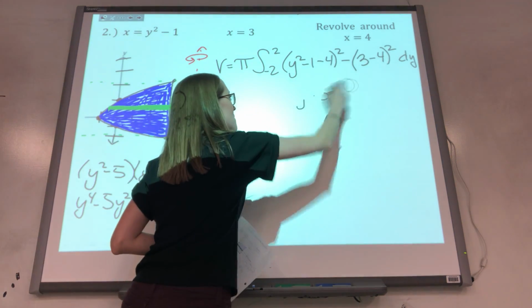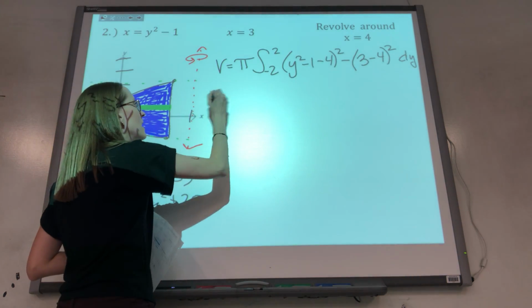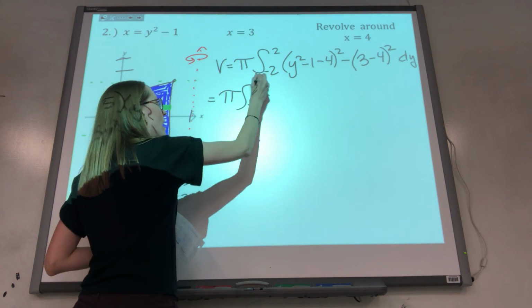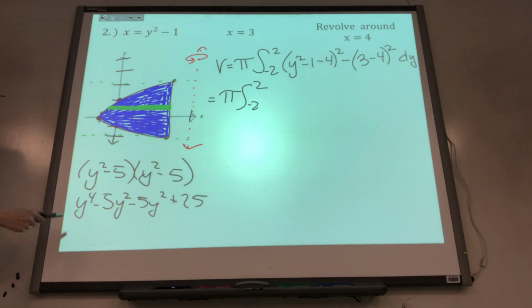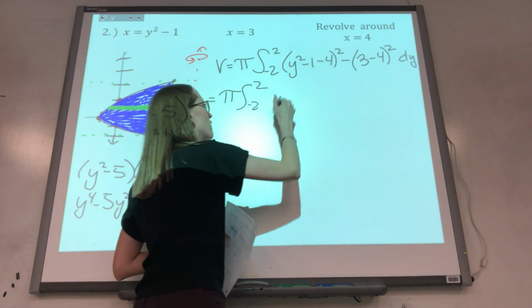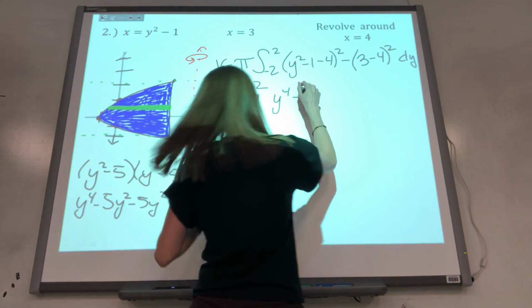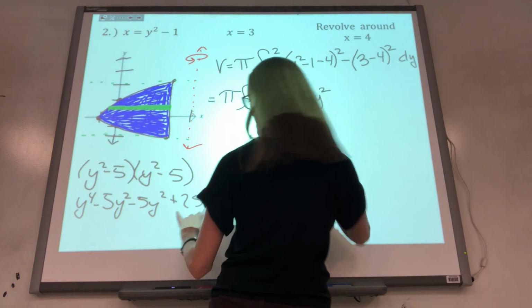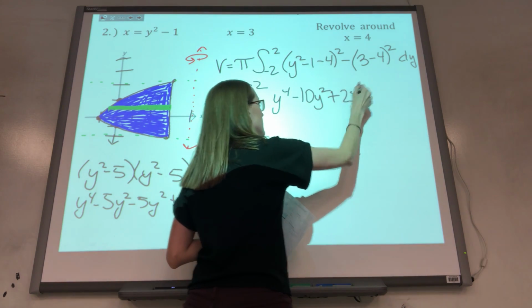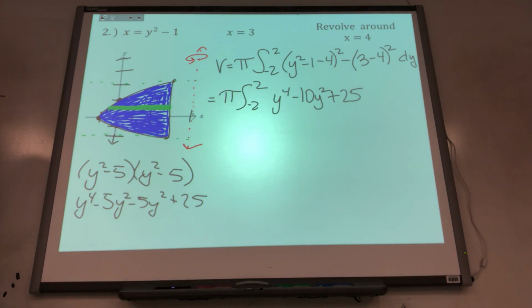So when I plug that back in, I'll combine my like terms, and I'll just make this y to the 4th minus 10y squared plus 25. Now what am I going to be subtracting after the 25?